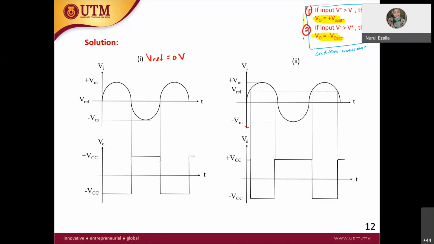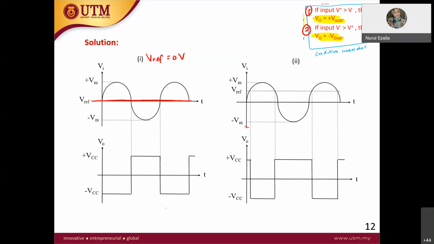Let's take a look cycle by cycle. Previously you had numbers, now you have waveform. Your V reference is 0 volt, so this is 0 volt.